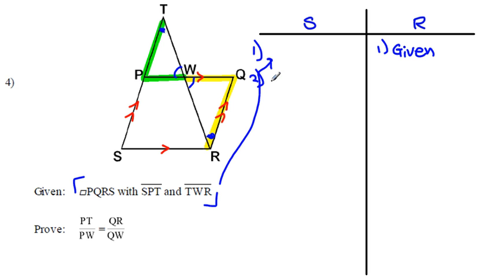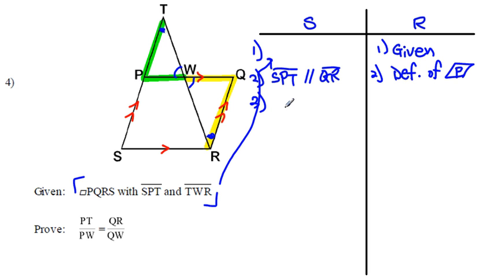Now, step number 2, because they are parallel, we get to realize parallelogram. We get to realize that SP is parallel to QR. Because I'm going to say definition of parallelogram. Because definition of the parallelogram will be opposite sides are parallel.